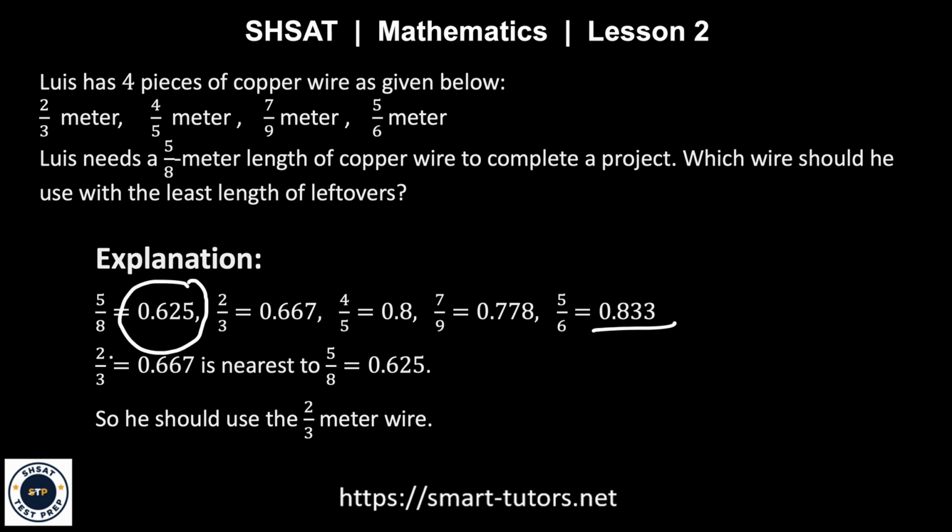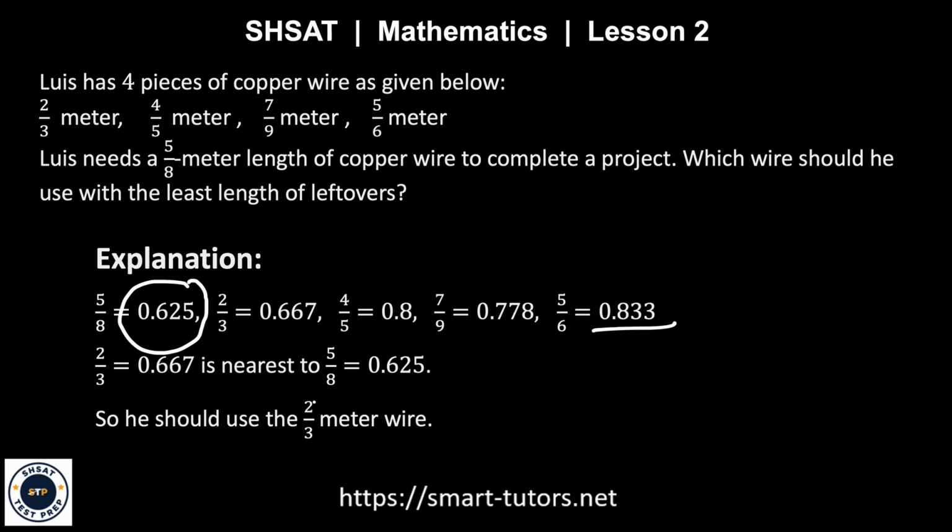Now which one is nearest, with the least left over? In that case, that is actually 5/8 and 2/3 at 0.667.